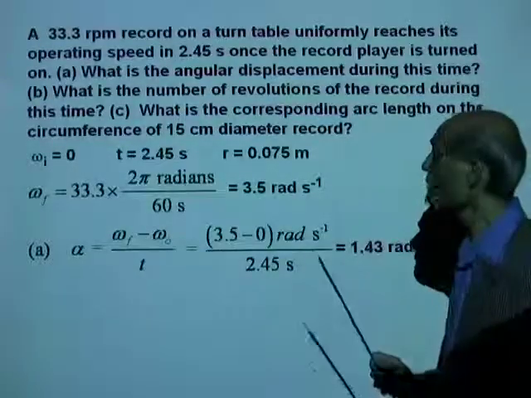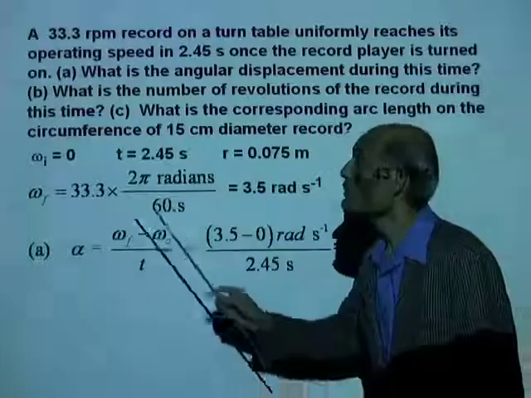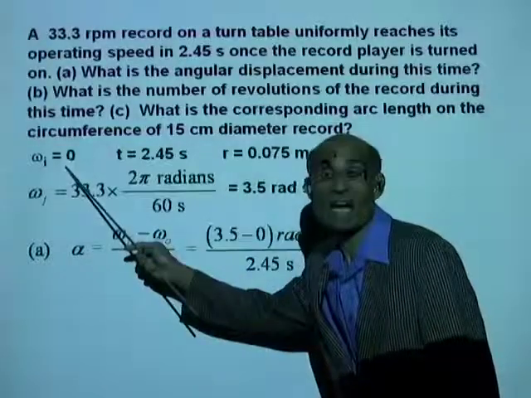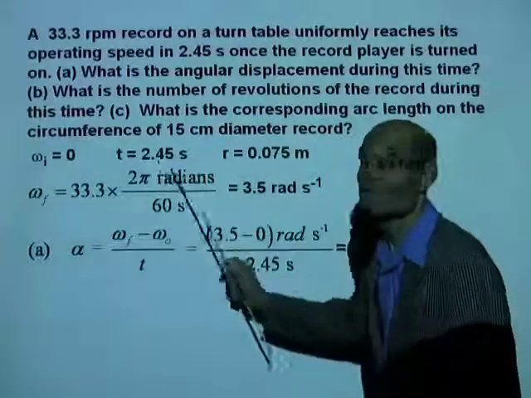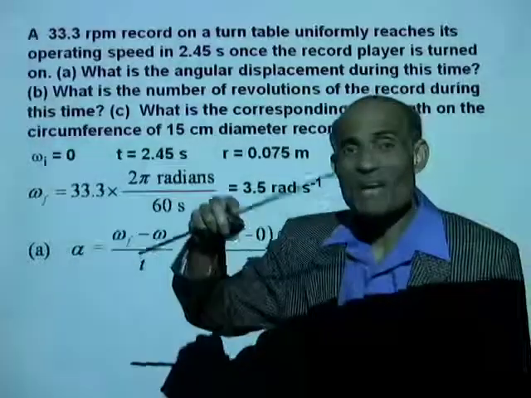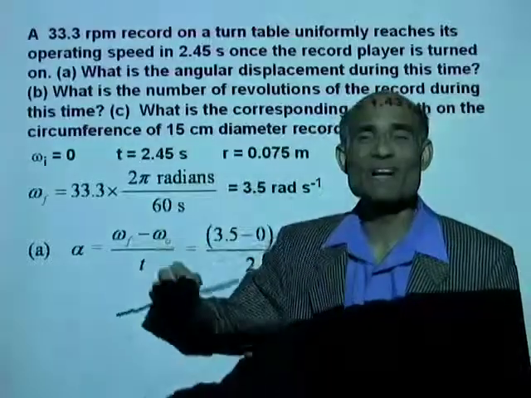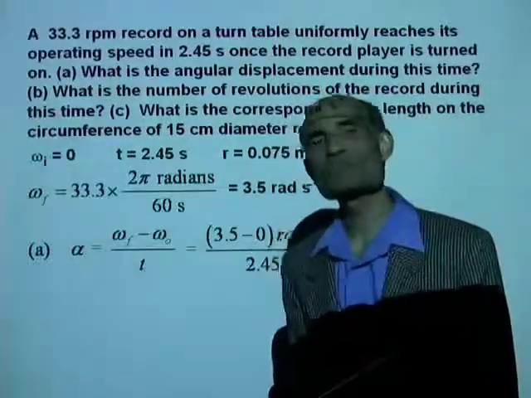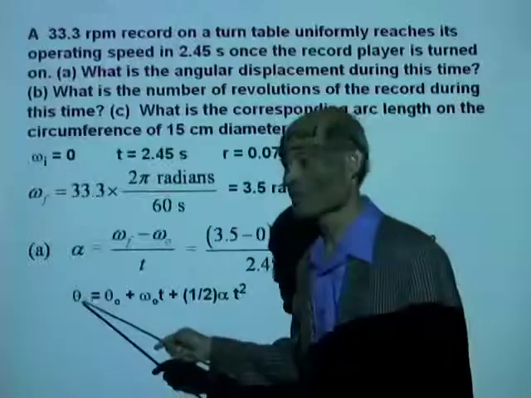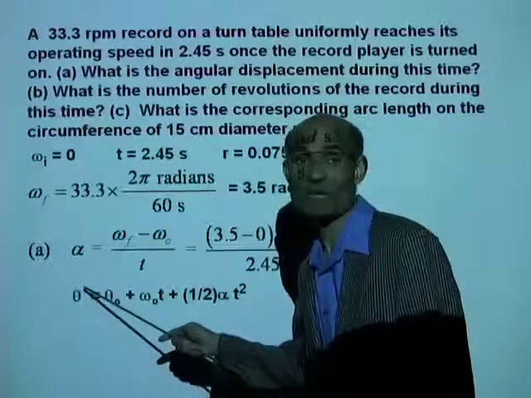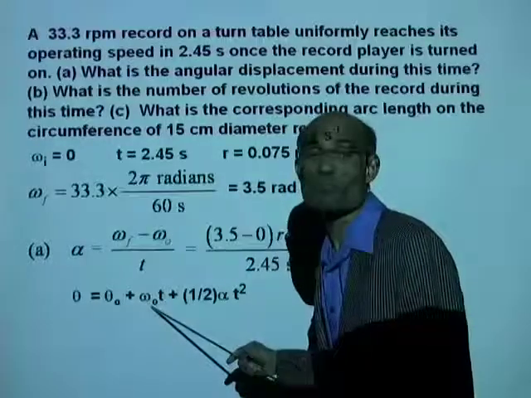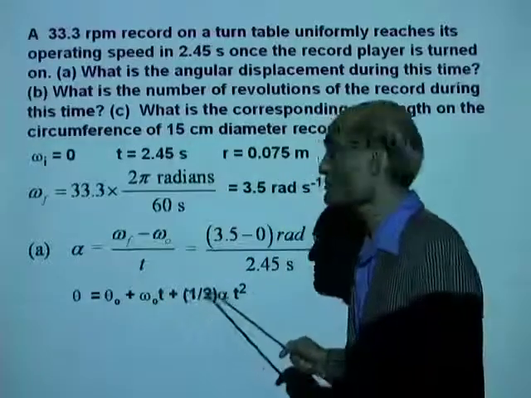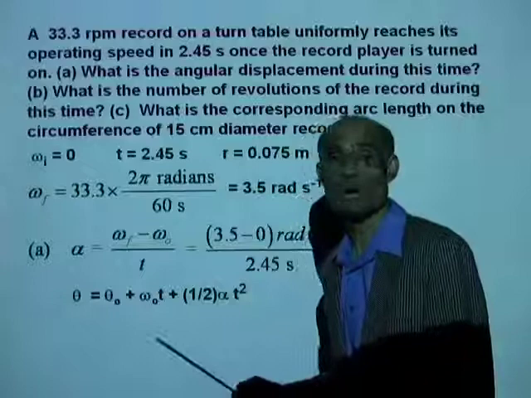Well, we know the angular acceleration. We know the initial angular velocity. We know the time. Can you calculate the angular displacement during that time? What is the equation we will use? Well, this is the equation for angular displacement. Theta equal to theta 0 plus omega 0 t plus 1/2 alpha t squared.